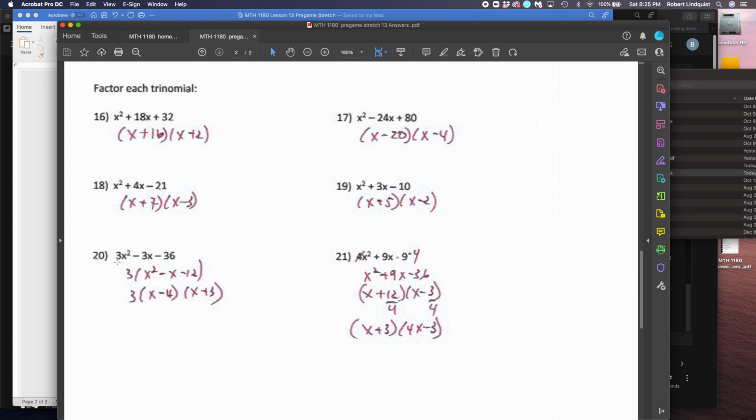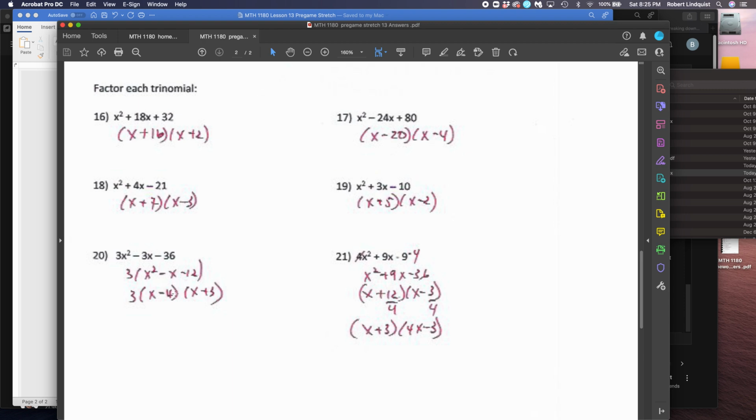Big difference with how we do number 20. In number 20, I noticed that the lead coefficient is not 1. When that's the case, our first plan A if you will, is always to look for a greatest common factor. In this case, it was the 3 that was the lead coefficient. So we pull that out, and that leaves x squared minus x minus 12, and that we factor the same way we would have done all of the others, because we factor it in the technique where the lead coefficient is 1.